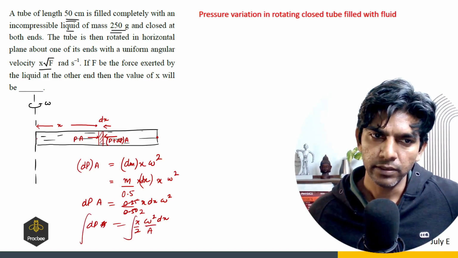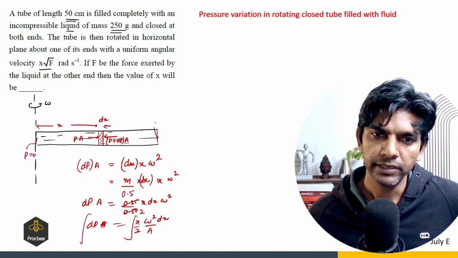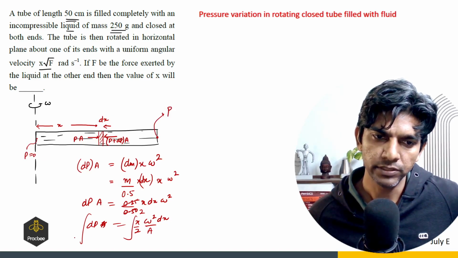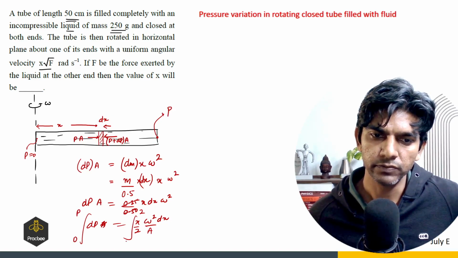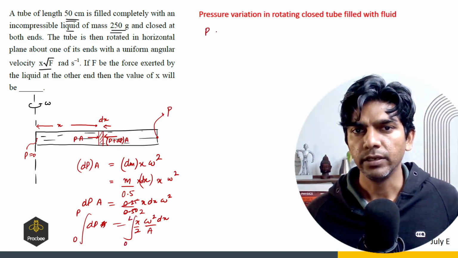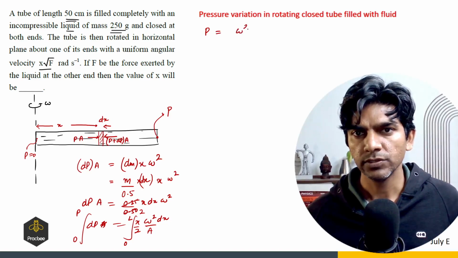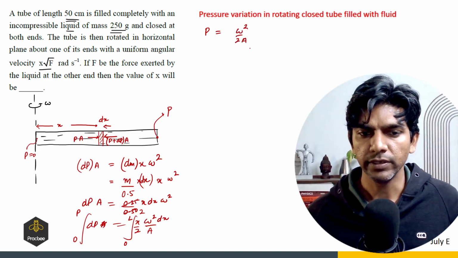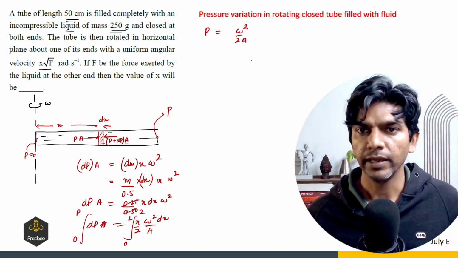At the left end the pressure will be nearly 0, and let us say at the right end the pressure is P. So pressure is varying from 0 to P as x varies from 0 to the length. So we can say P will be equal to omega square by 2A, which will come out of the integration, and the integration of x will be x square by 2.